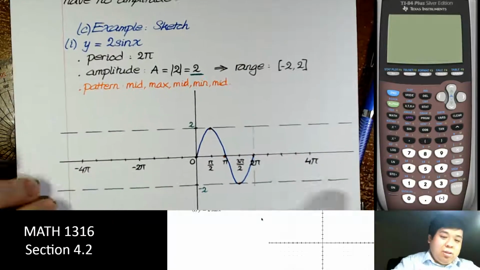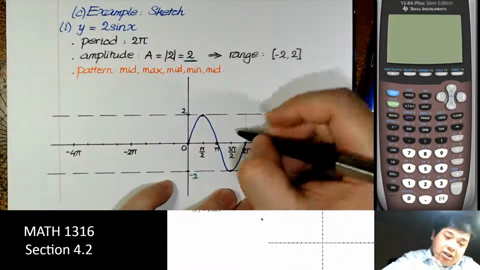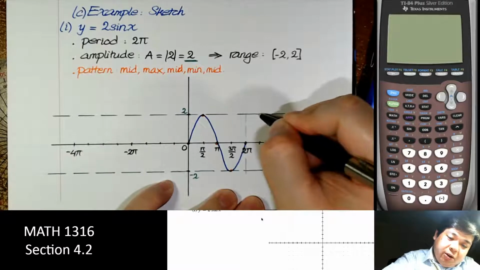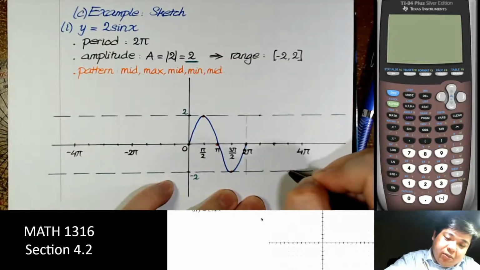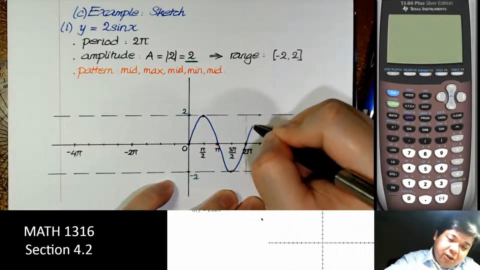Once we have one period, it's easy, just copy and paste: middle, max, middle, min, back to the middle.